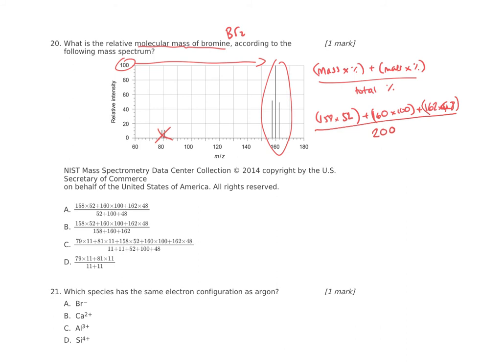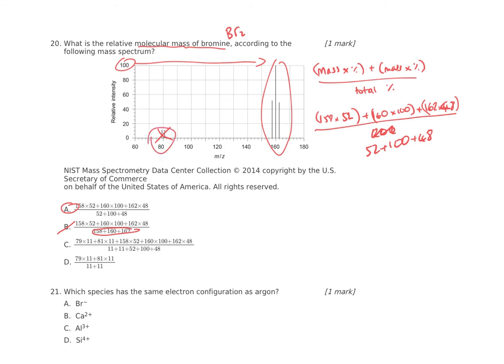Okay, oh, actually they've put them separately. So over 52 plus 100 plus 48. So then I'm looking at what matches this. So it's going to be number 1. It's going to be A. If I look at B, B has put the masses on the bottom, not the percentages, so that's why that's wrong.